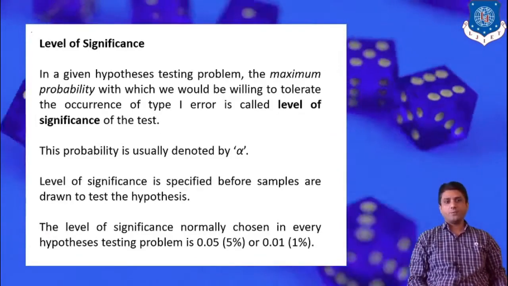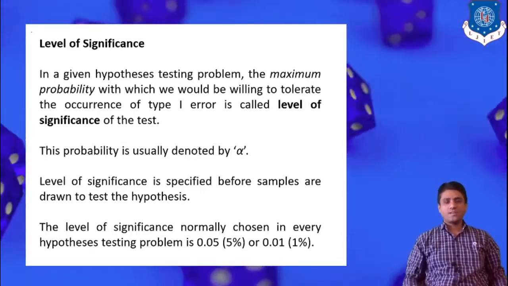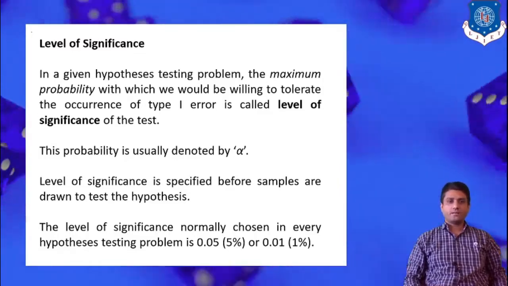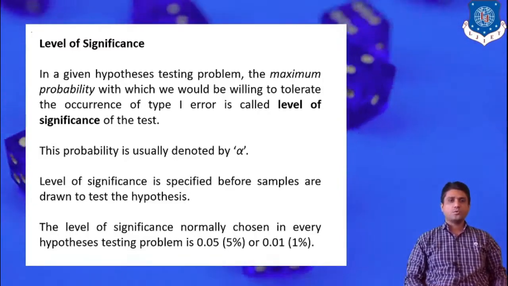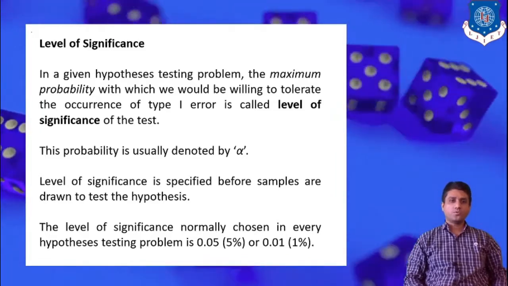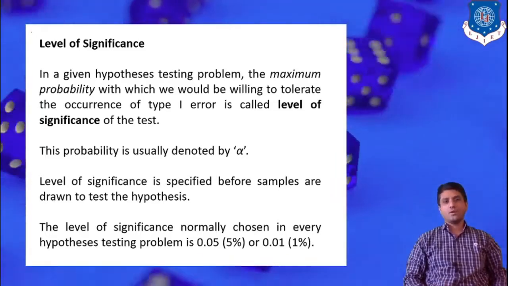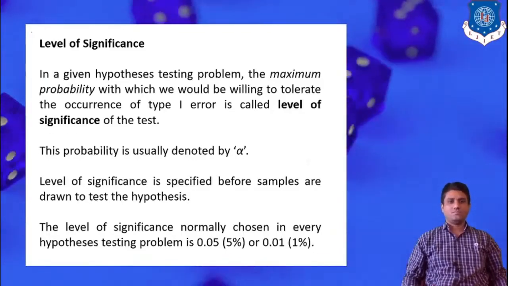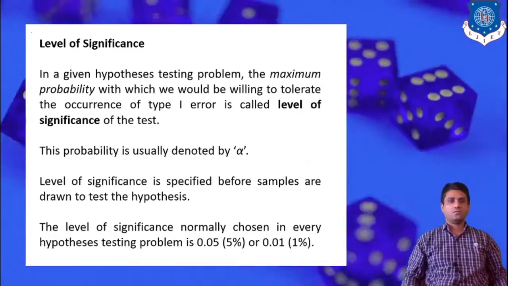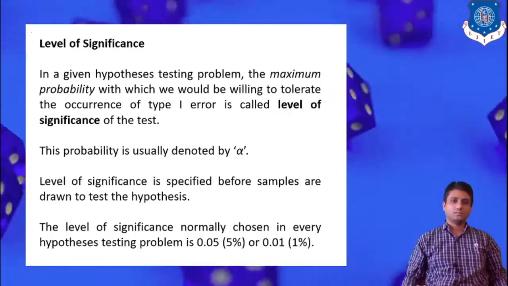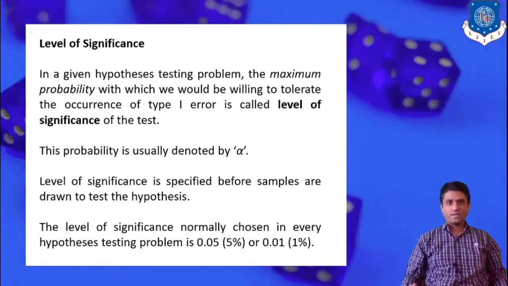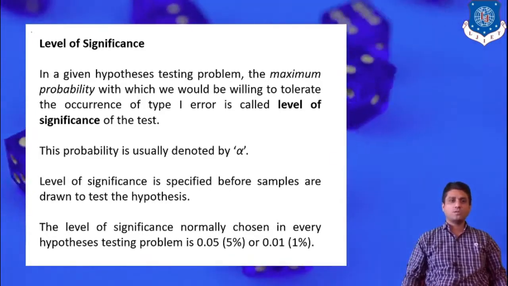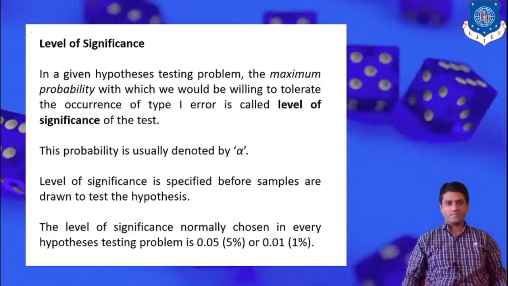In a given hypothesis, if we have to check any hypothesis, we should first identify the level of significance. Significance is just like your desired accuracy, how much accuracy you need, in other words how much error there is.